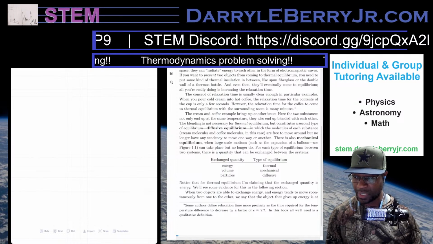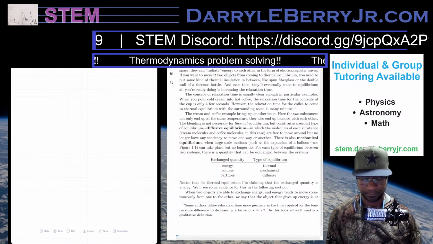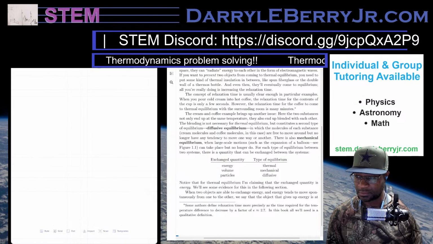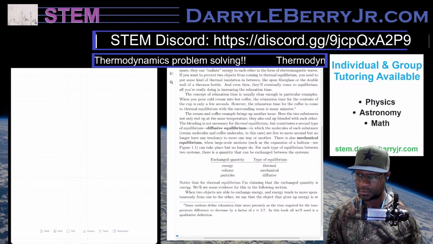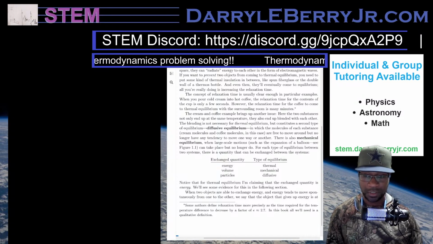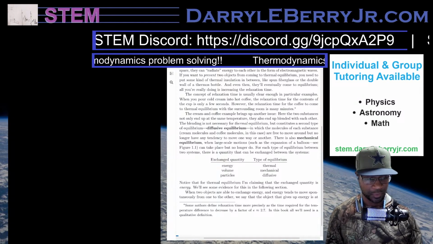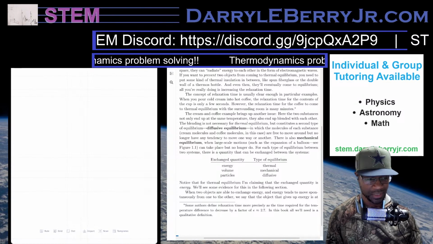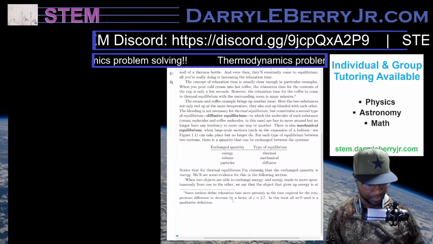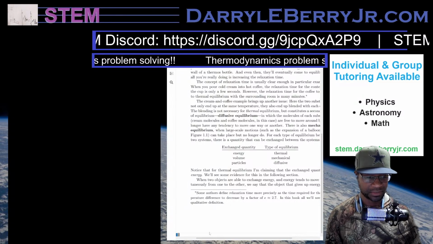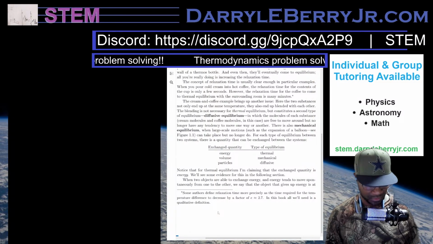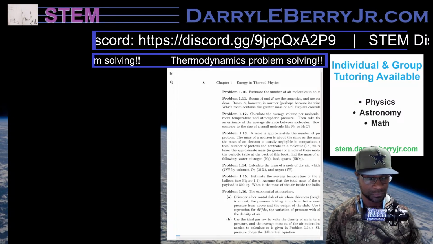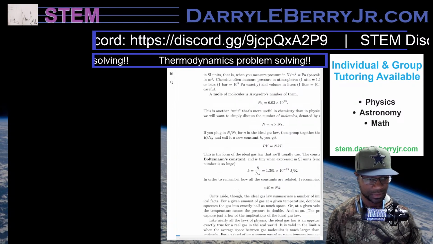So starting with the first problem, we're going to chapter 1, and eventually we'll work our way through all the different laws. So right now we'll scroll through chapter 1.2, and I may actually skip some of them. This depends on how well I know the problem. Some of them I know pretty well, and some of them I don't.